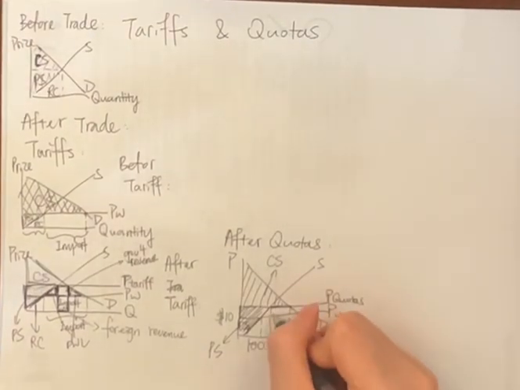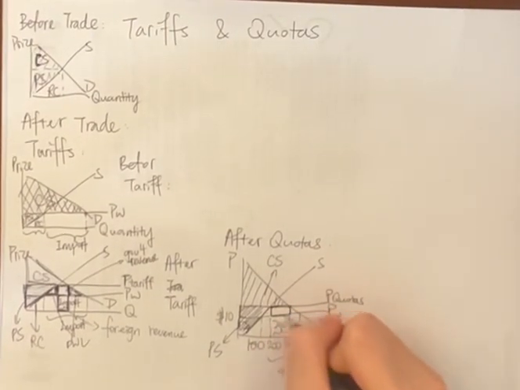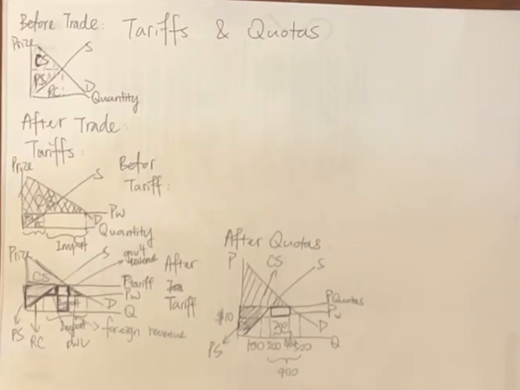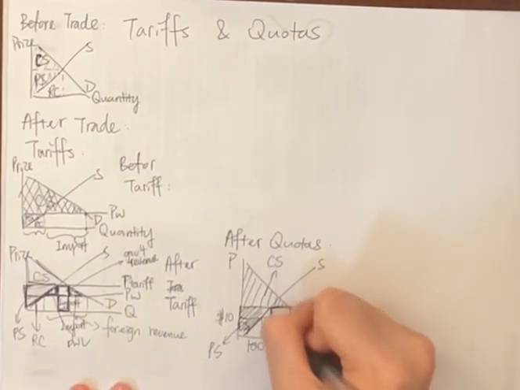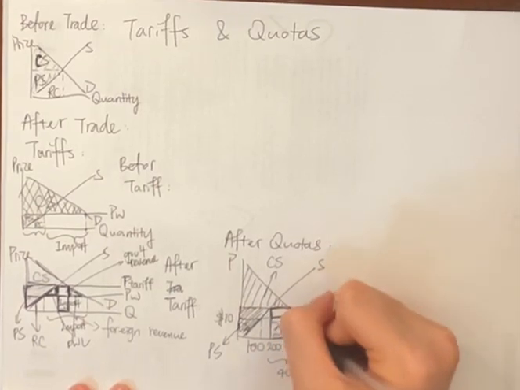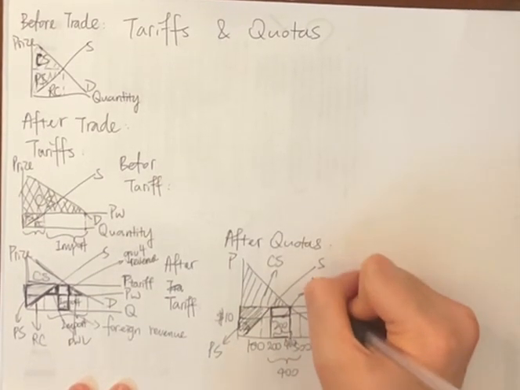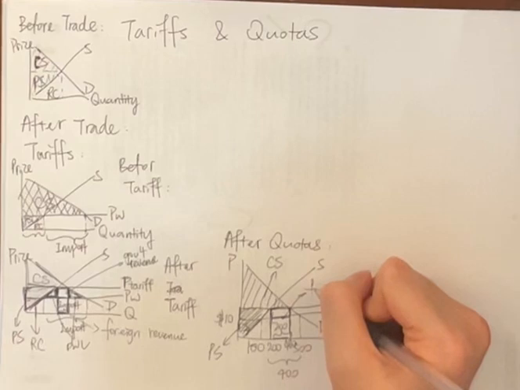Then this amount, instead of going to government revenue, just doesn't go anywhere. This whole thing actually will be the foreign revenue.